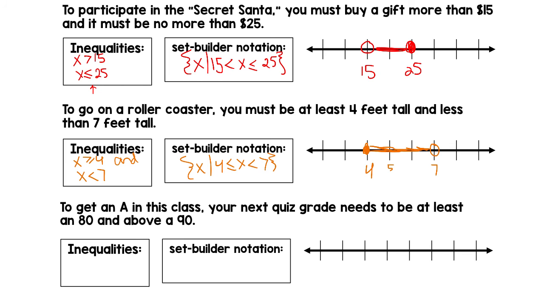To get an A in this class, your next quiz grade needs to be at least an 80. So X has to be greater than or equal to 80 and above a 90. So the only numbers that are greater than 80 and greater than 90 are numbers that are greater than 90. So our set builder notation, X given that X is greater than 90.